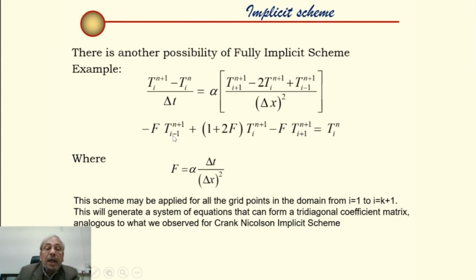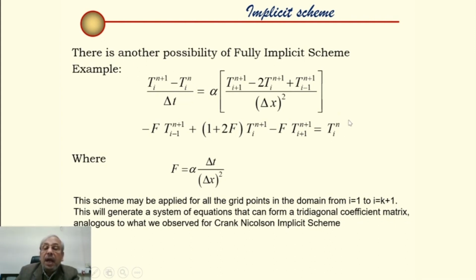So here if we substitute i equal to 2, this will be T1, T2, T3; i equal to 3, T2, T3, T4. This way we can go from 1 up to the kth point, and we will again get a system of equations. On the right hand side, we did not express anything in terms of the nth level. So only this term is expressed at the nth level.